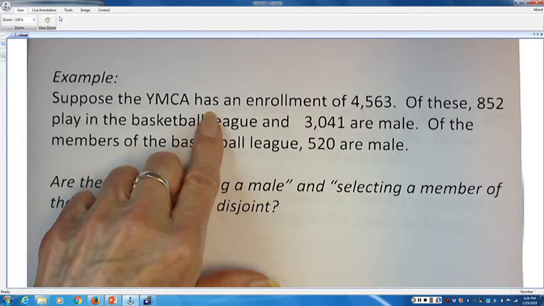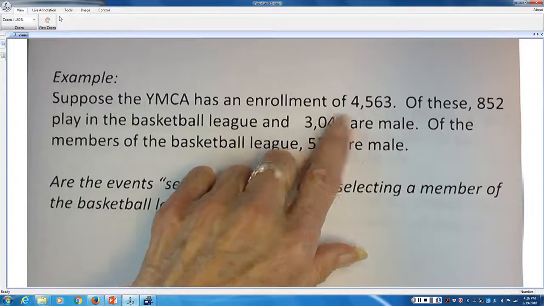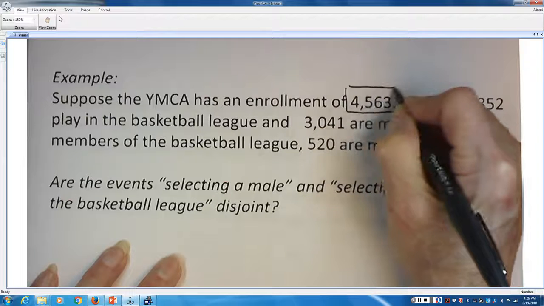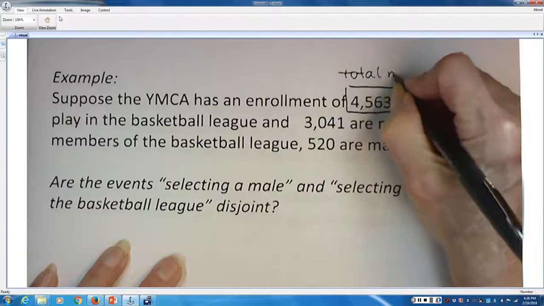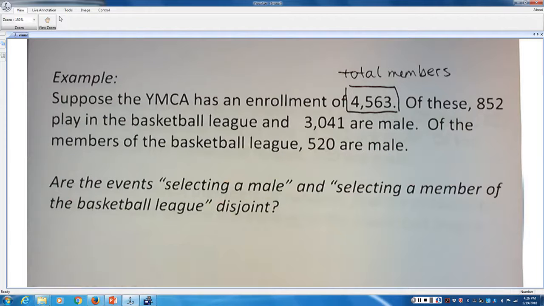YMCA has an enrollment of 4,563 people. That's the total number of members. From the total number of members, we have some that play on the basketball league. 852 play in the basketball league.